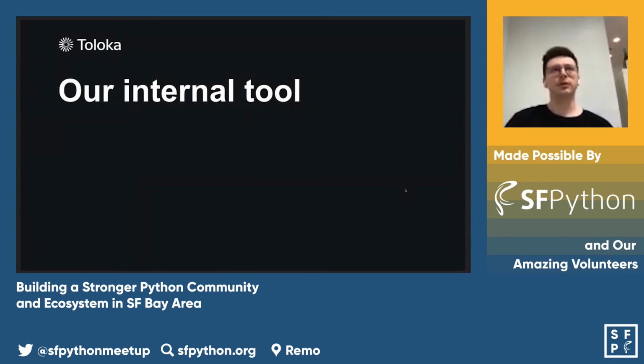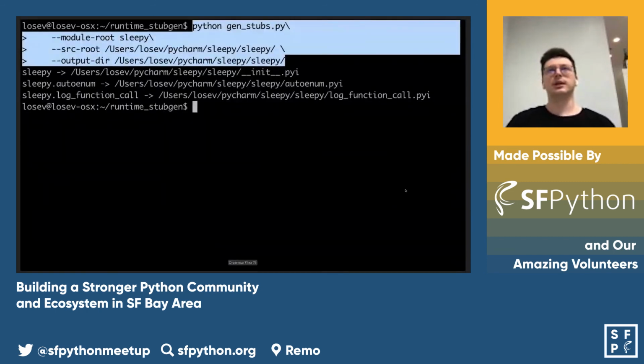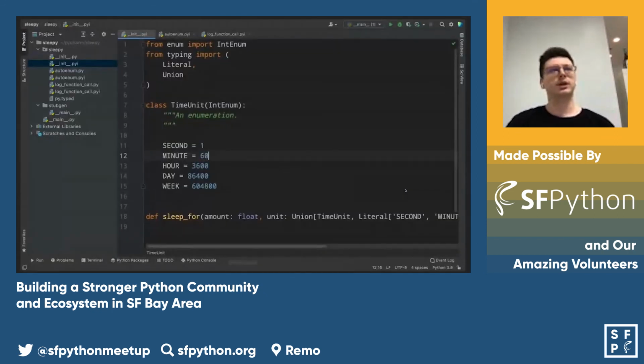And we implemented our internal tool for exactly this purpose. And if we run our internal tool on this code, it produces the following results. It generates all the necessary stub files.